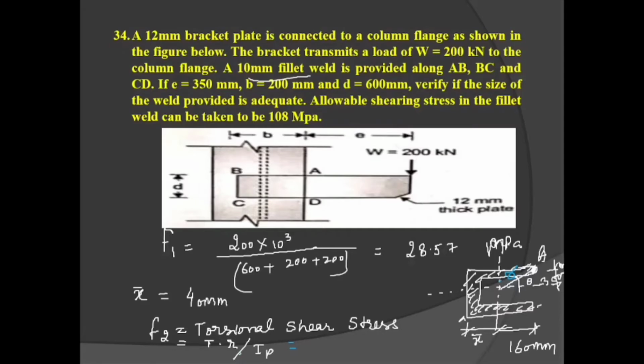So let's calculate all the values first. Our F2 value will be 85.81 megapascal. I am telling you the final answer of Ixx and Iyy and every parameter, in which the radial distance will be 340 mm. This is the final value. You can calculate easily in the same fashion as we had discussed in the out-of-plane eccentric welded connections.